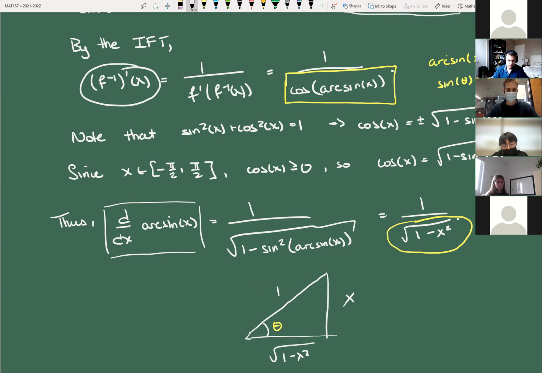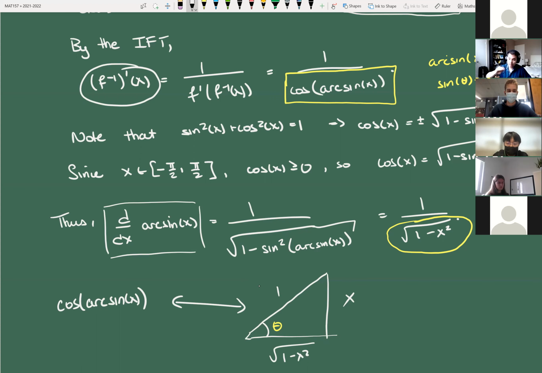Does that make sense? Stephen, I'm not certain what you mean by arc sine, but when you're doing sine of arc sine, things are dying, right? So if you want to figure out what cosine of arc sine x is, you would draw this triangle, and this is how you would actually figure out what it is.